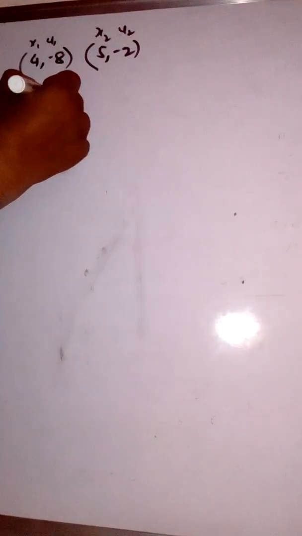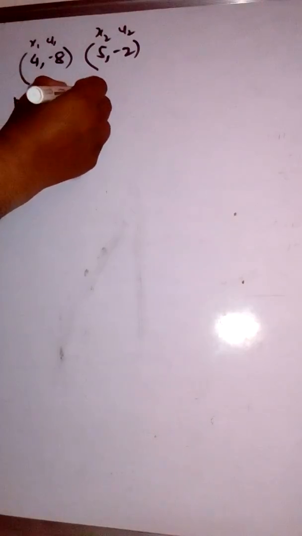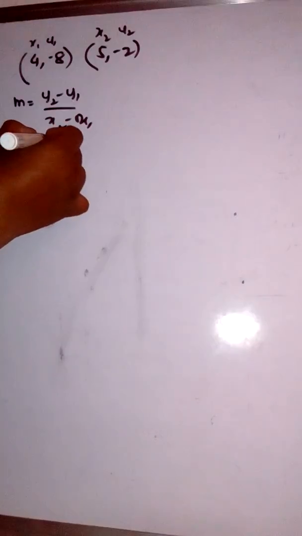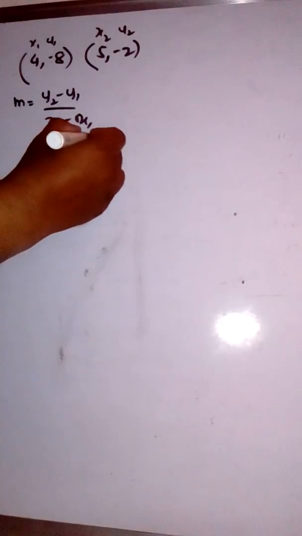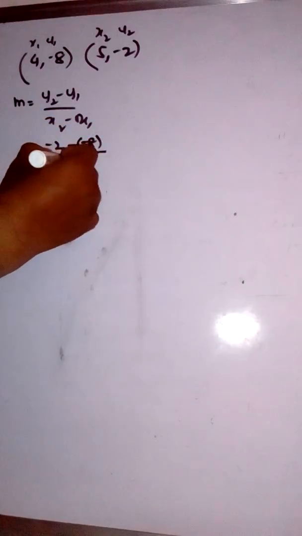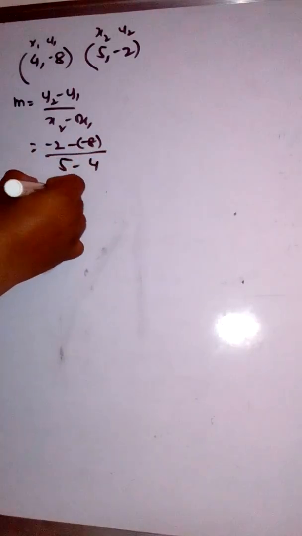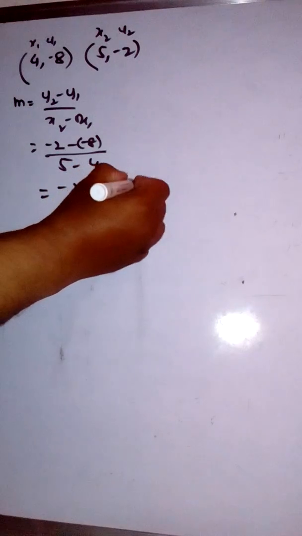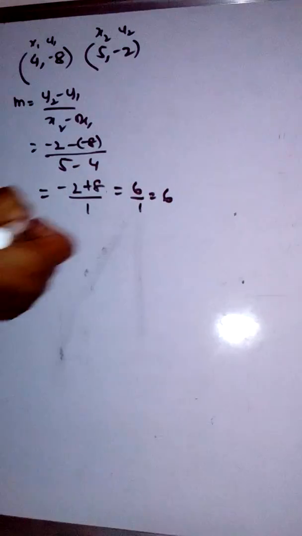Now we have slope m equals y2 minus y1 by x2 minus x1. So it is equal to minus 2 minus of minus 8 by 5 minus 4, which is equal to minus 2 plus 8 by 1, which is equal to 6 by 1, that is equal to 6.